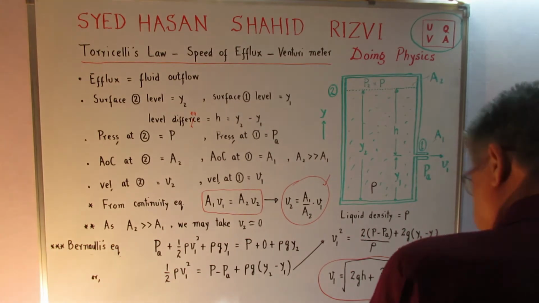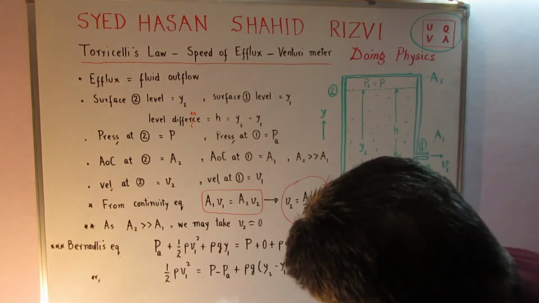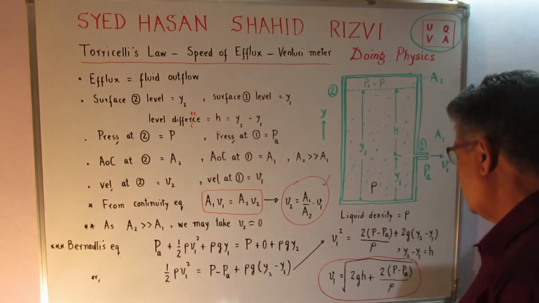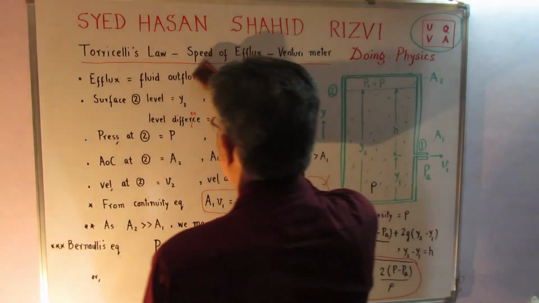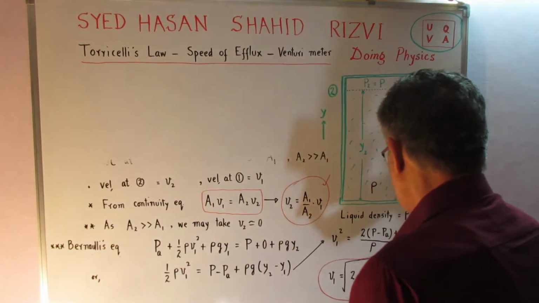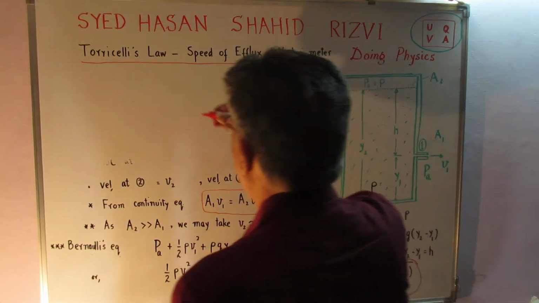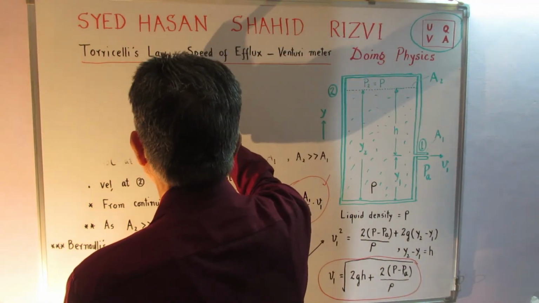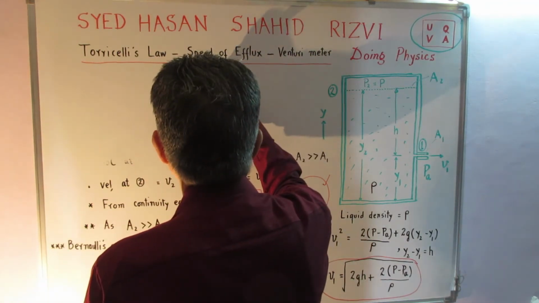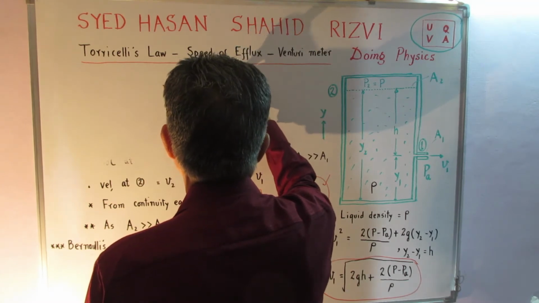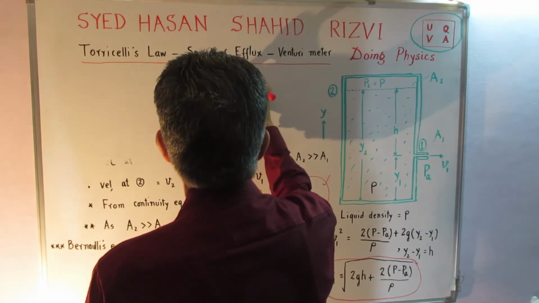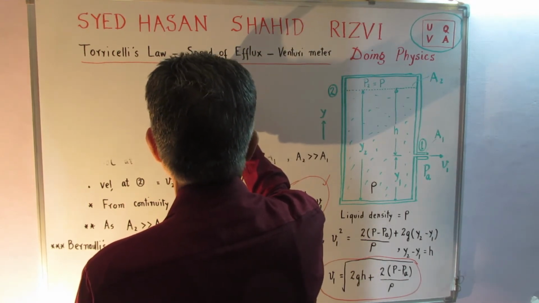The equation speaks in that if, in the first case, P minus PA is very large as compared to the other term, then what we find is that V1 turns out to be equal to the square root of 2 into P minus PA divided by rho.